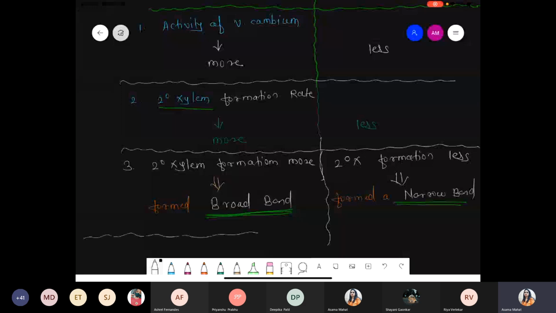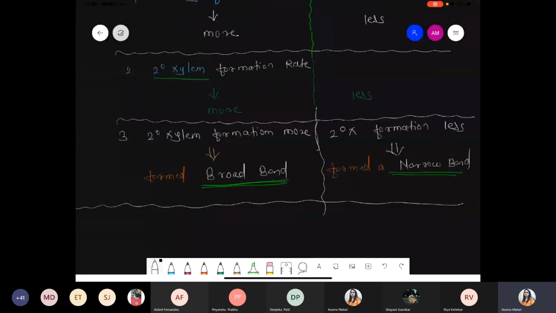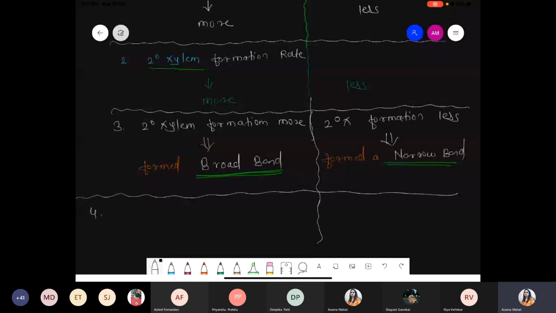Now, the fourth one. Obviously, the activity of the vascular cambium is more because the cells are dividing multiple times. So ultimately, the requirement of water is also more, right?